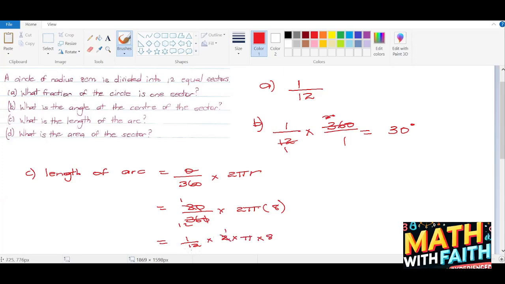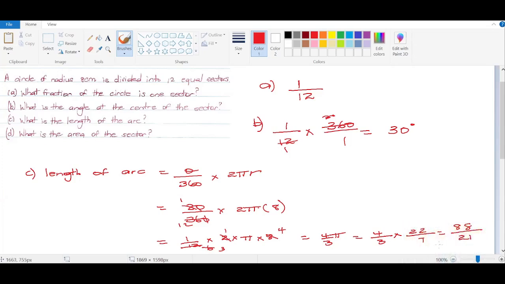So we could do some canceling off here. This could divide by 2, and we get 4. This could be 3. So 4/3 pi. 4/3, and pi is 22/7. Can I reduce anything here? It doesn't seem so. So 88/21 centimeters.